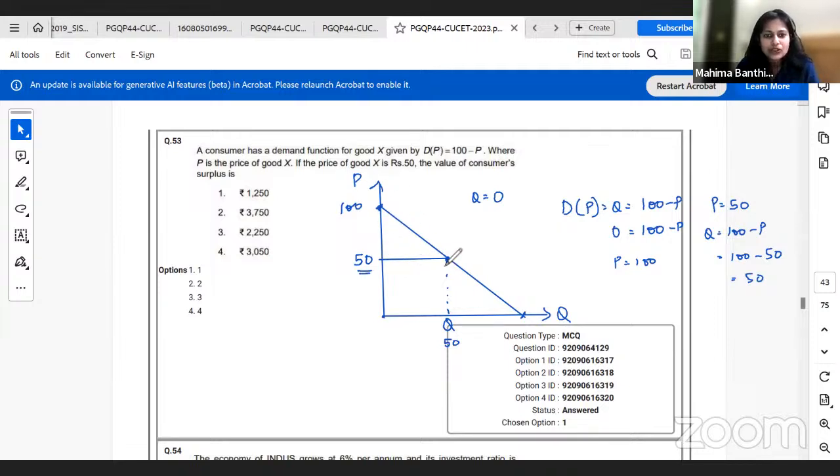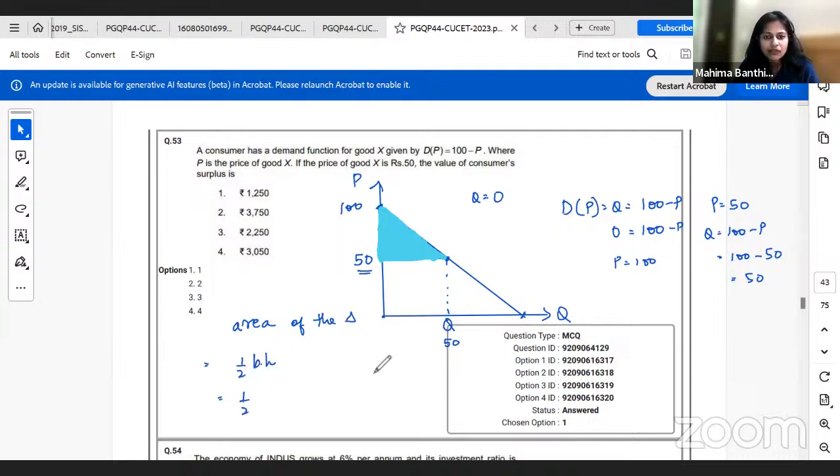So what will be the consumer surplus? Consumer surplus is going to be this shaded area. That will come from the area of the triangle, which is going to be equal to half base into height.